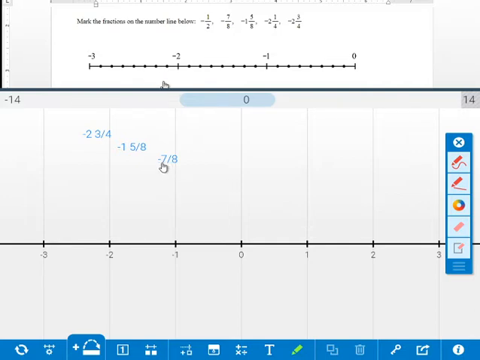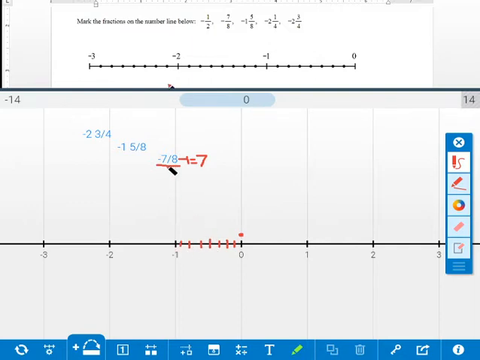Now we have 3 different numbers, and we are drawing them here. The first number is -7/8. It has no whole number with it, so its starting point is 0. The denominator says 8 intervals, so 8 minus 1 means 7 lines. So we'll be drawing 7 lines here: 1, 2, 3, 4, 5, 6 and 7.